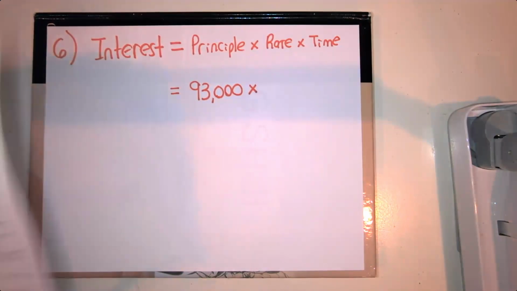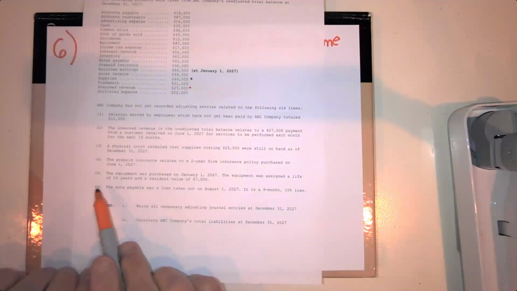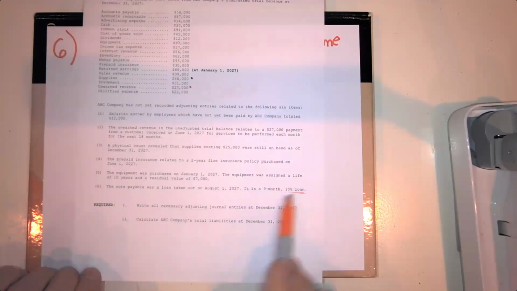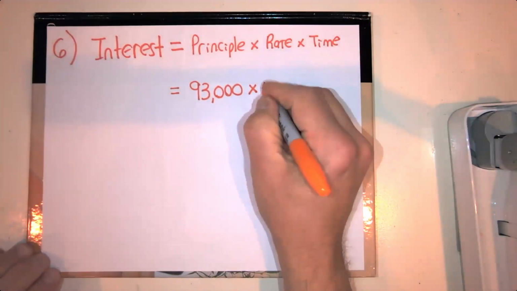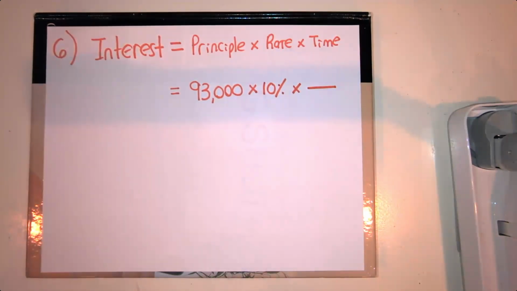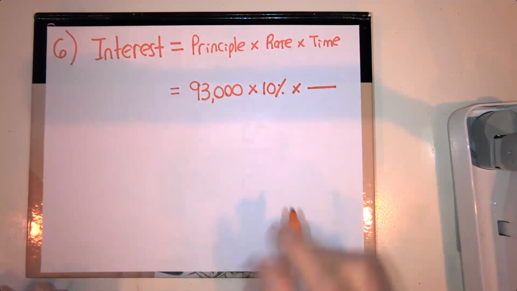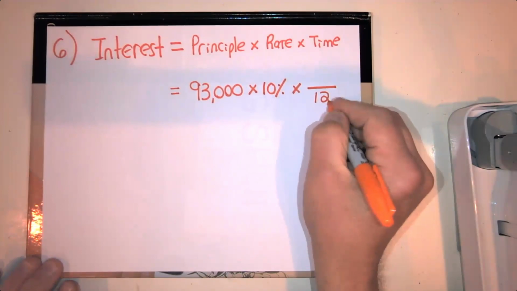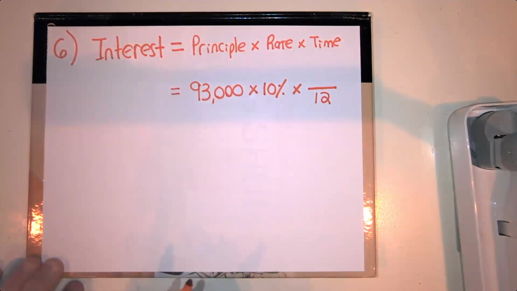The interest rate is given here in number 6, 10%. The time is always, every time, without fail, a fraction over 12. The rate is an annual rate.